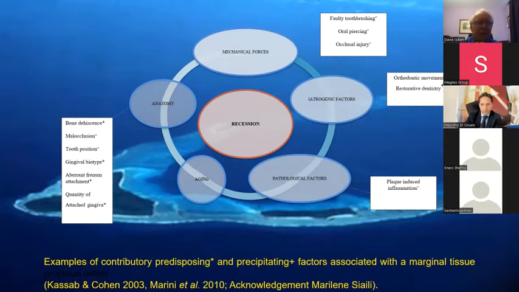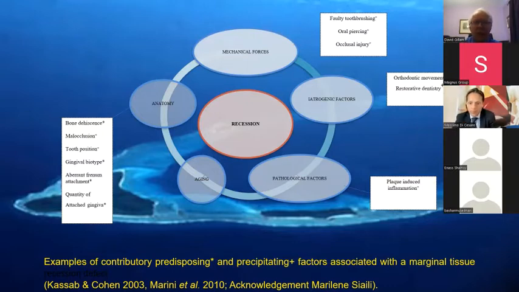And from the anatomical framework, which we're kind of born with, we would have bone dehiscences, malocclusion, tooth position, our gingival biotype. We might have aberrant frenum attachments. And what is always an issue, I think, is this concept of quality of the attached gingiva.